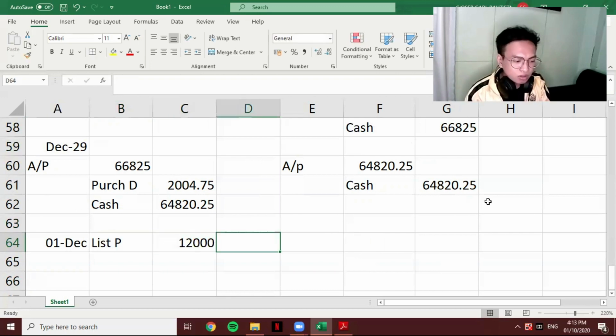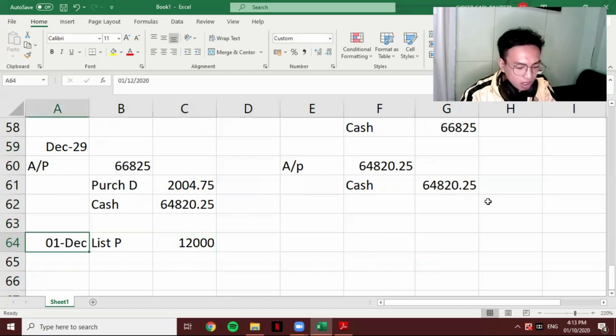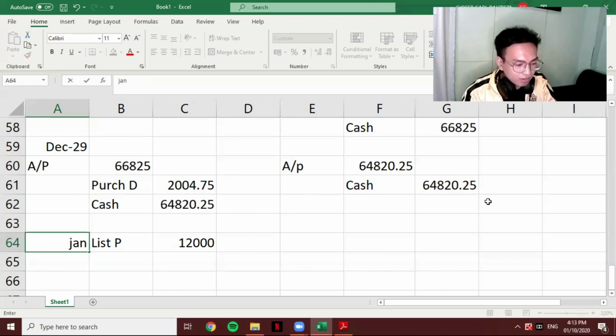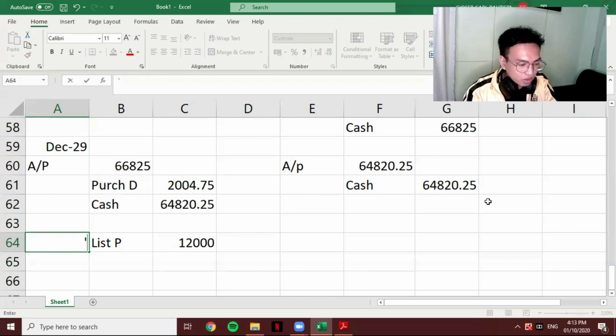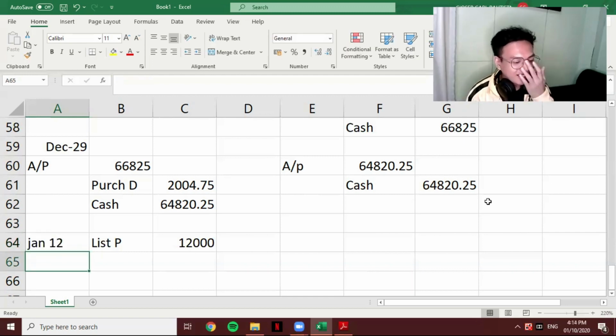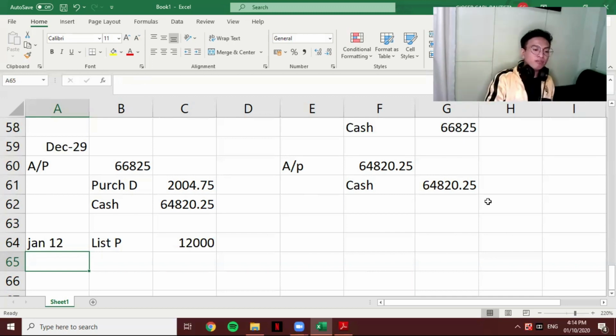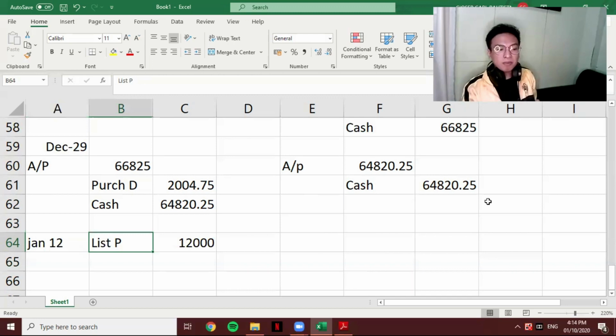Nag-return tayo on January 12. We have a list price of returns amounting to 12,000 pesos na list price.